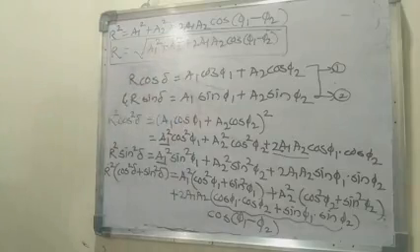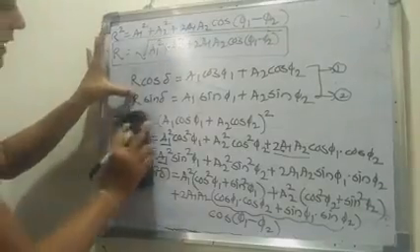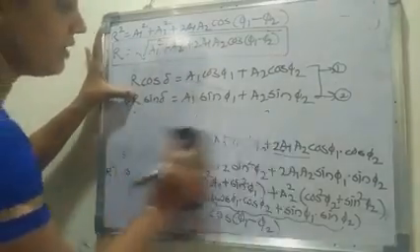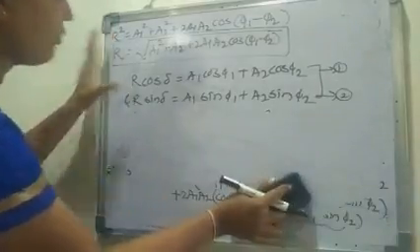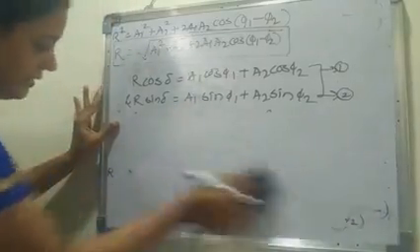Now we are finding delta, the initial phase. We find the initial phase from these two terms, R cos delta and R sin delta.